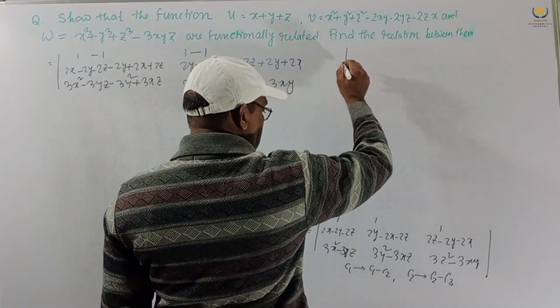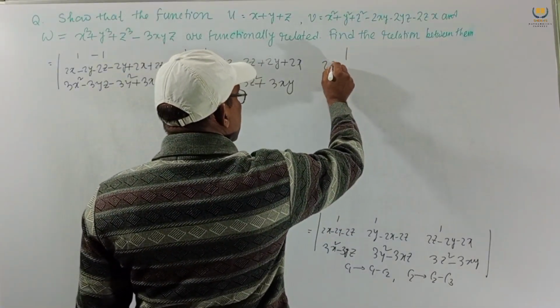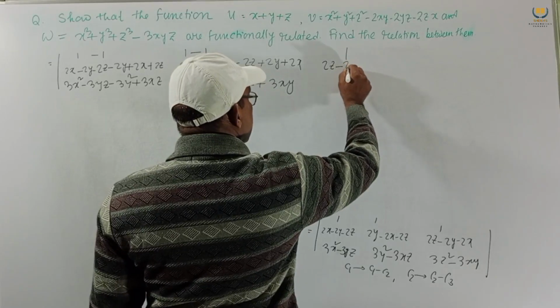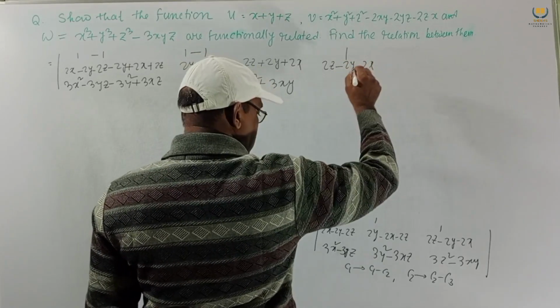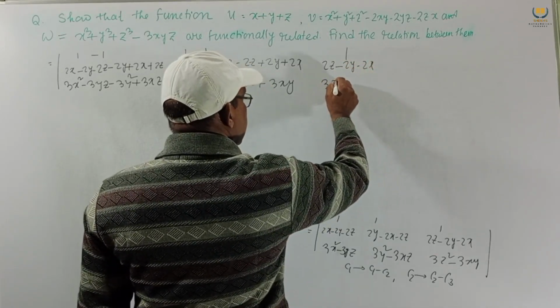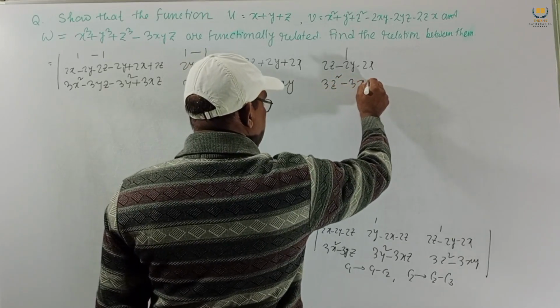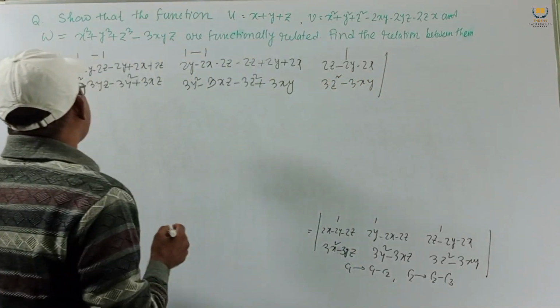And the last column is 1, 2z minus 2y minus 2x, 3z square minus 3xy. This one.